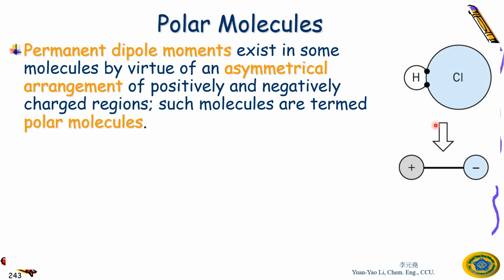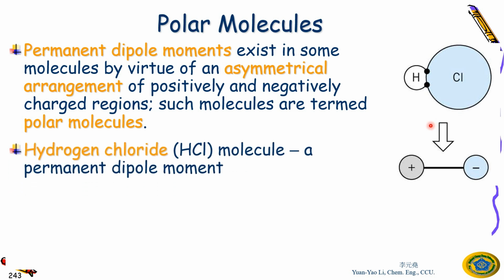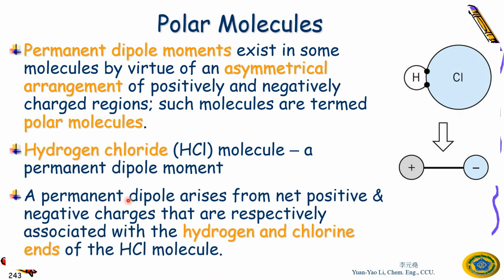No problem, right? Okay, so this is an example. A hydrogen chloride molecule has a permanent dipole moment. So this is a polar molecule. A permanent dipole arises from the positive and negative charges that are respectively associated with the hydrogen and chlorine ends of the hydrogen chloride molecule.